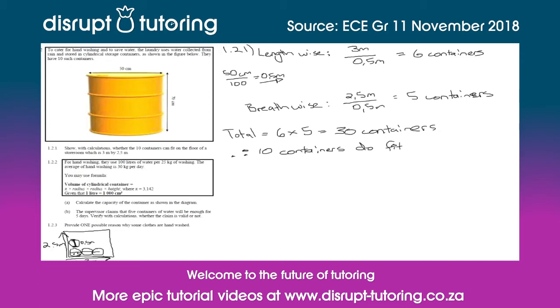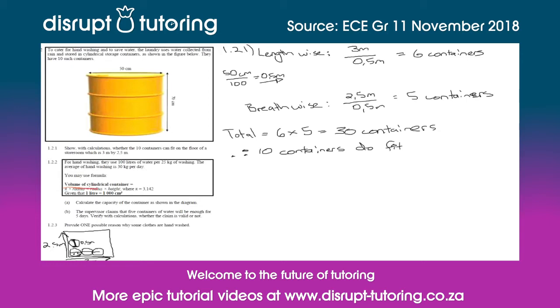Then the next question, 1.2.2. For hand washing, they use 100 liters of water per 25 kilograms of washing. The average hand washing per day is 30 kilos. Now we may use these formulas to calculate the following questions.